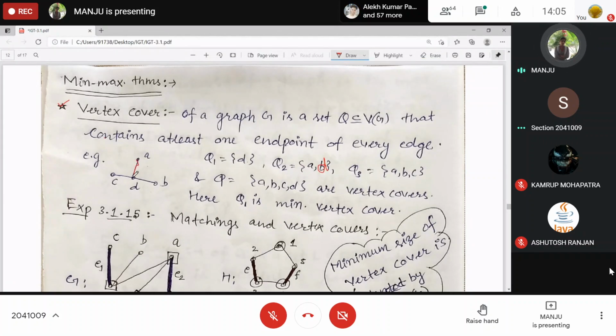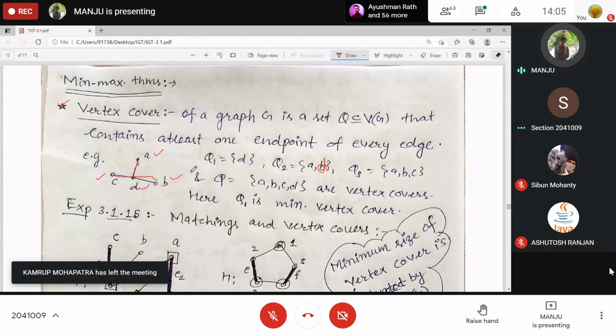There is a way from A to B, A to D, and a road from D to B. These are security guards A, B, C, and D. So how many minimum guards are required to guard all these roads?